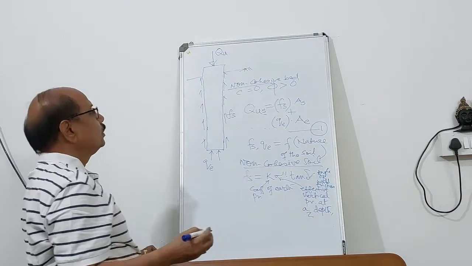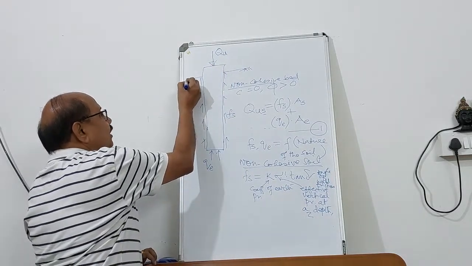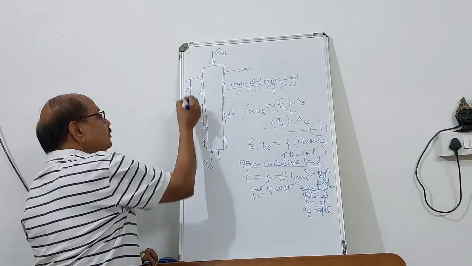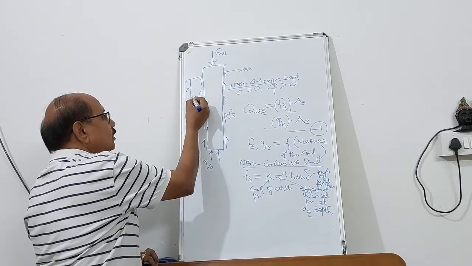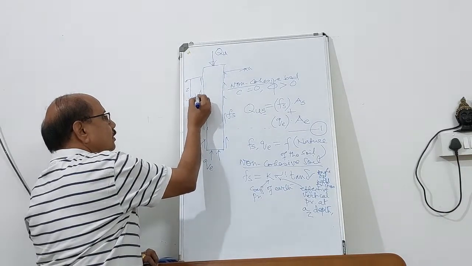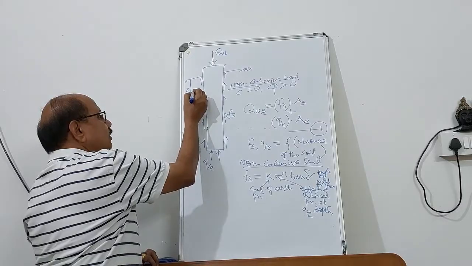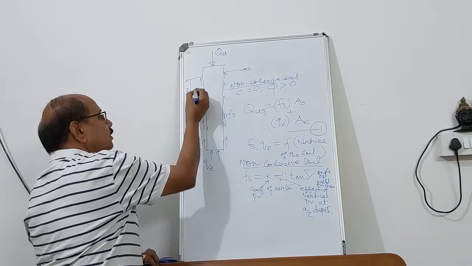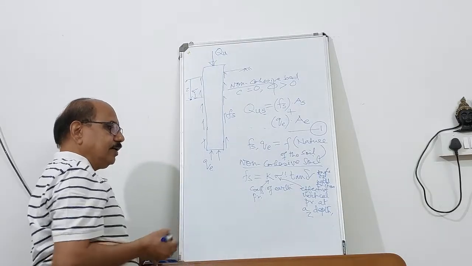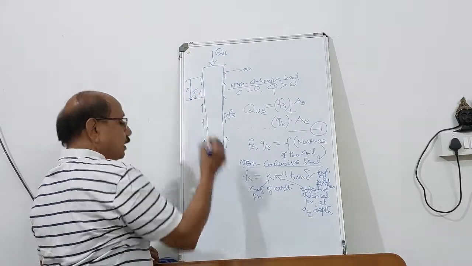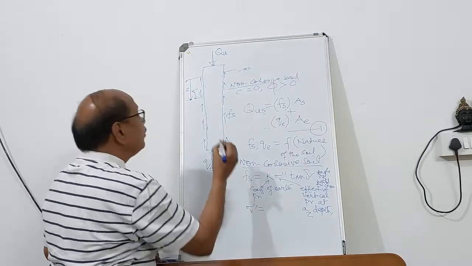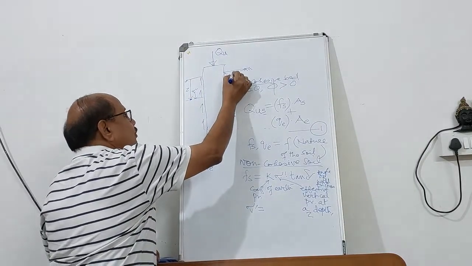So if you go from the ground level to a depth Z, what is the vertical pressure at this plane? The effective vertical pressure, sigma V prime, you can find out.